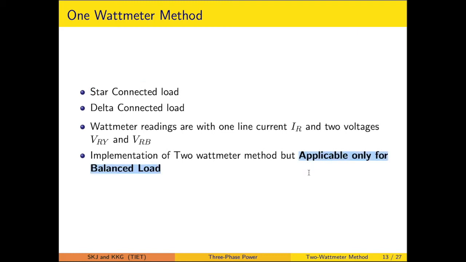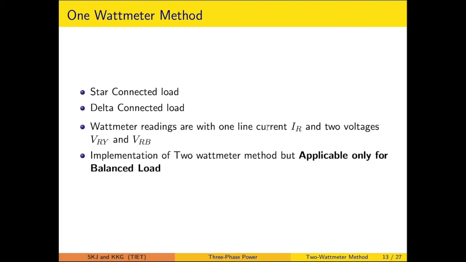Why is there a restriction? That has to be understood: we will be measuring only one line current, IR. Previously we measured the two line currents IR and IB, but in this only one measurement is done. That suggests it is applicable only for a balanced system.